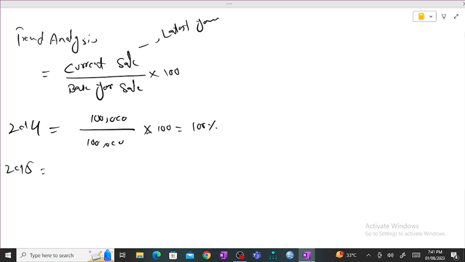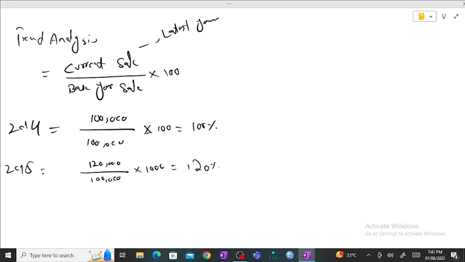They're saying that for the base year you have 1 lakh in 2014, and you need to find a trend analysis for 2015. So how will we calculate for 2015? The current year sale is 120,000, and for the base year we have 1 lakh. Whenever we multiply by 100, we will get 120%. Now, remember that we start from the base year.